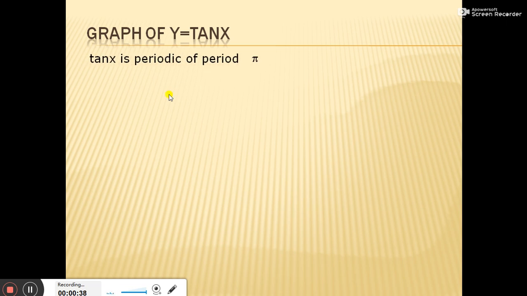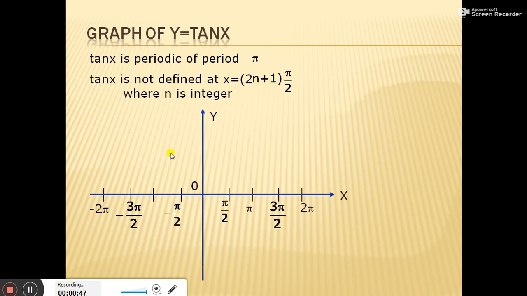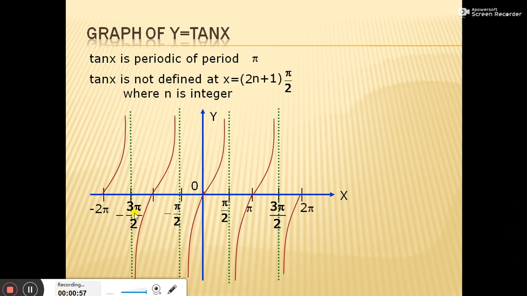And as you see the graph of tangent x, this tangent x is not defined at odd multiples of pi by 2. That means there is a break at x equal to pi by 2, minus pi by 2, minus 3 pi by 2 and 3 pi by 2.